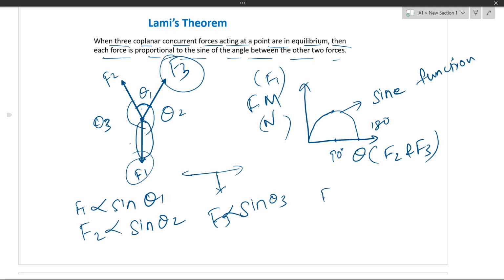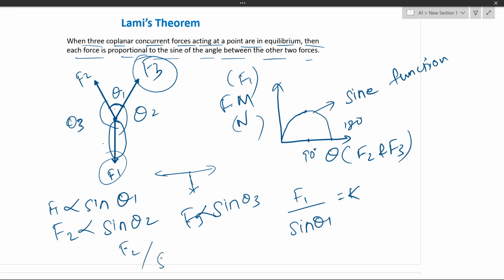If you put the same constant, F1 over sine theta 1 equals k, in the same way F2 over sine theta 2 is equal to another constant, and F3 over sine theta 3 equals another constant.